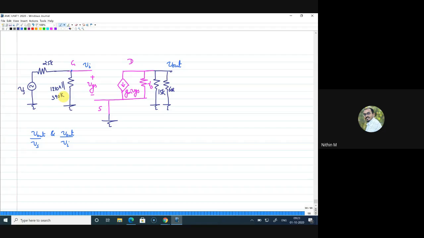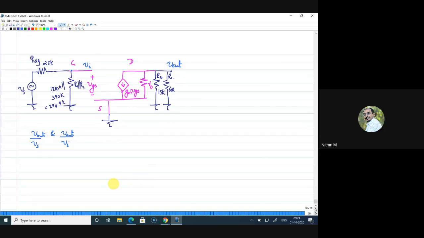While you are solving that, I'll just put this as R signal, this as R1 parallel R2, this as RD and this as RL. So let me write, all right, 294.93. So this is equal to 294.9K.